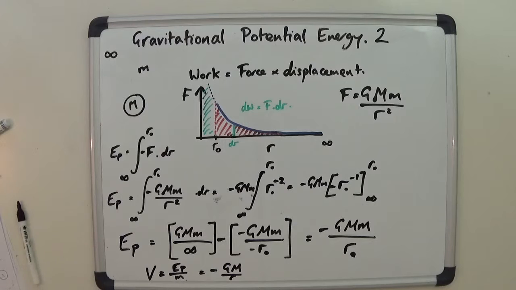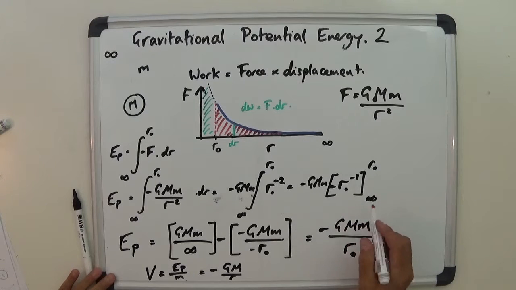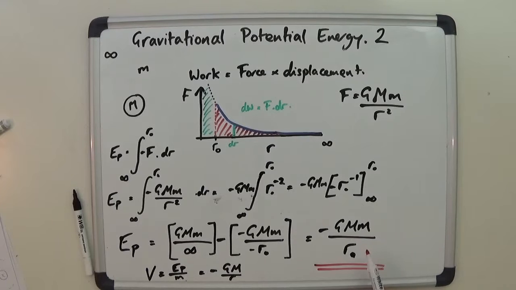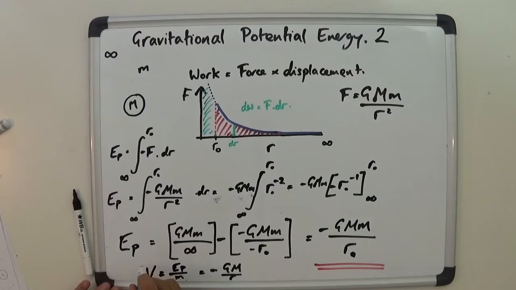And that is all there is to it. First things first, the gravitational potential energy is a negative value wherever you are in the universe, so it is minus GMm over r. And the gravitational potential, which is the gravitational potential energy per unit mass, is minus GM over r.